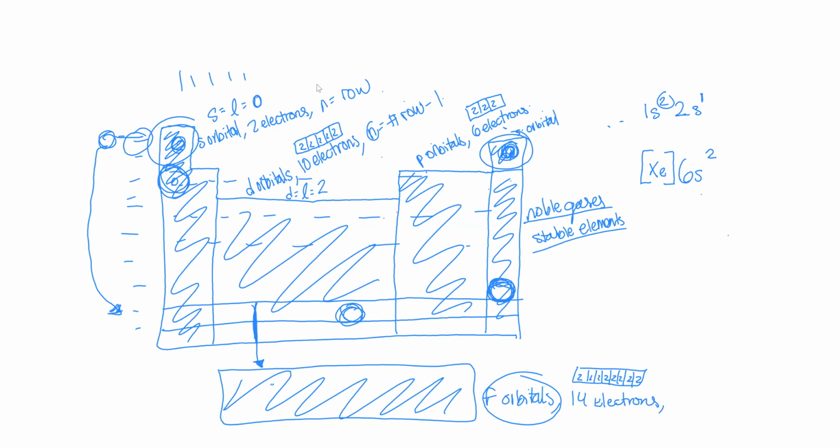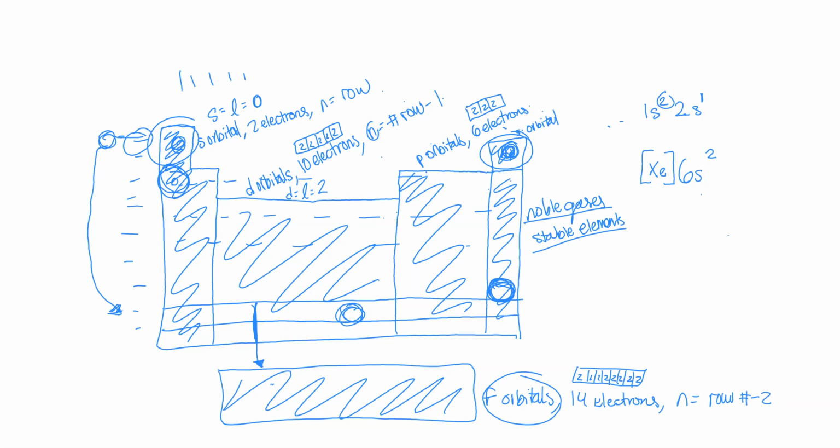But then we come in contact with these F orbitals. So down these F orbitals, the way it works is these F orbitals here, when we're counting, their n number is actually equal to, n is equal to their row number minus 2.